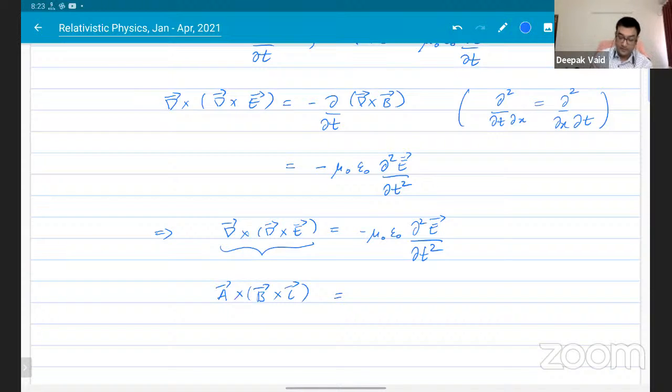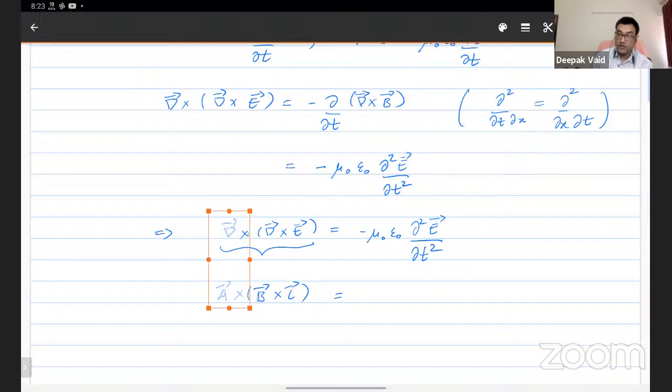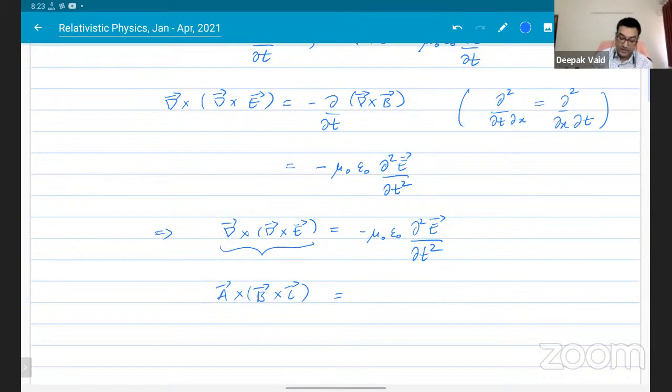It's similar with A equal to B, and instead of the vector field A, we have the gradient operator, the del.